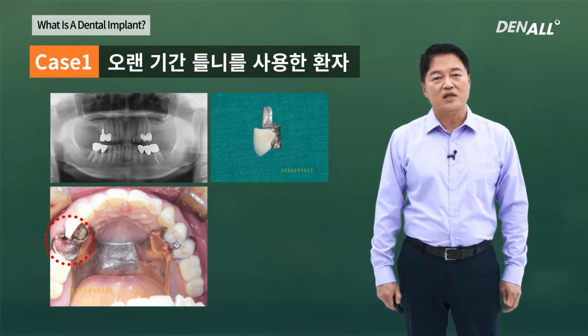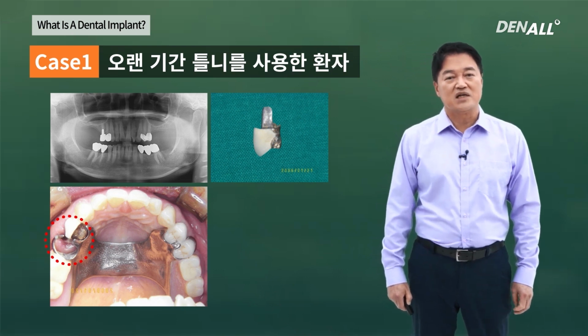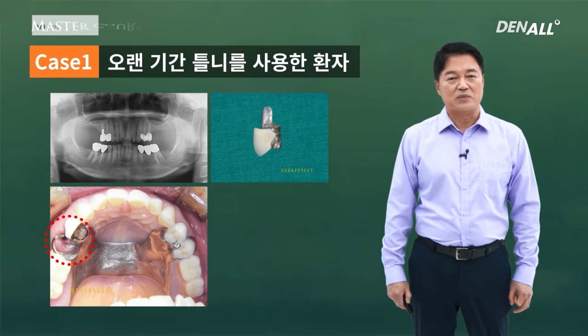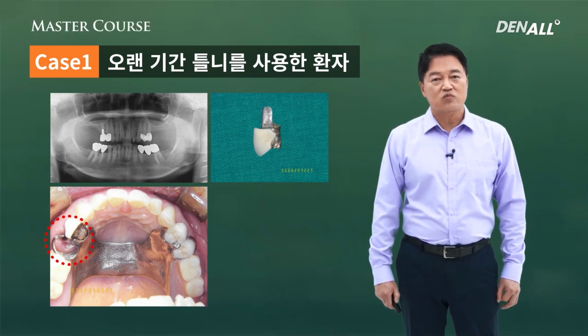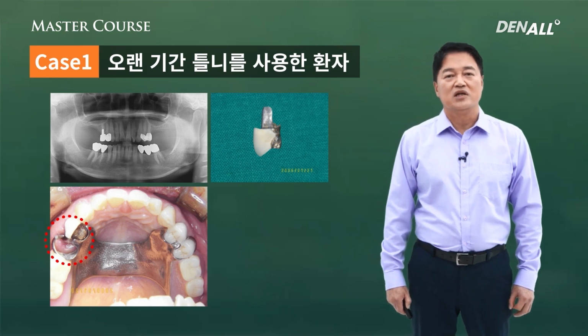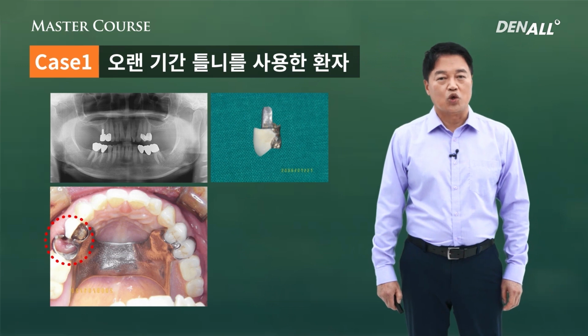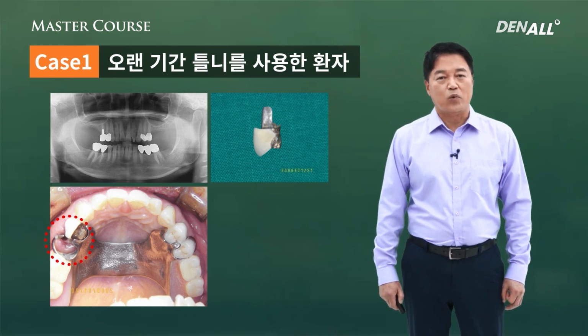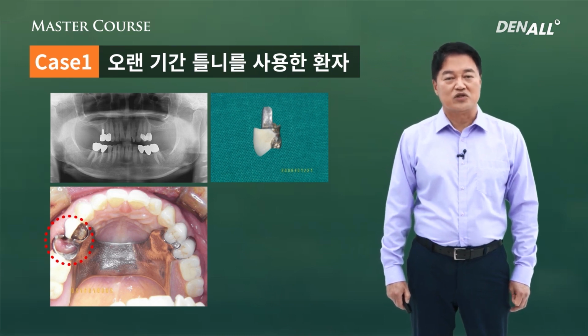For a long period in the missing area, concentrated force was applied, and as a result, the surveyed bridge was dislocated and it fell out. If the patient received implant treatment from the start, in the top left, the surveyed crown would have remained as a natural tooth, and the bridged tooth, the patient would have been able to use it for a long time.